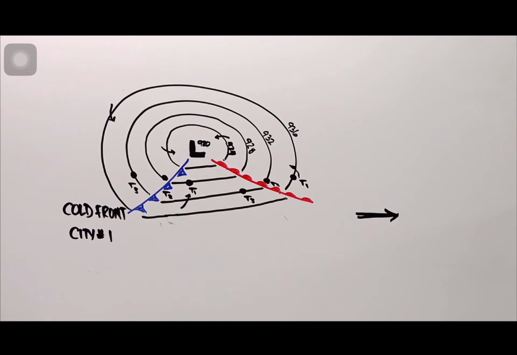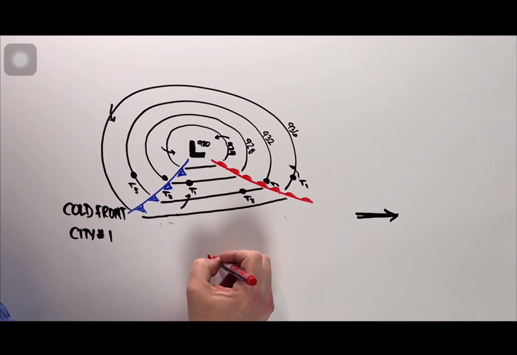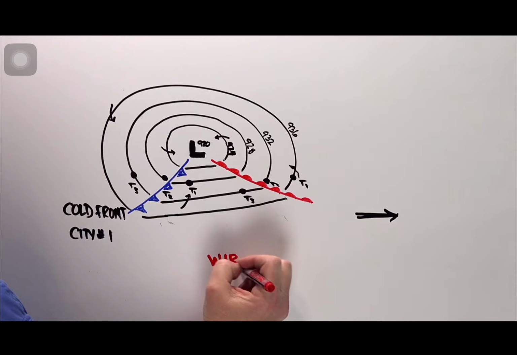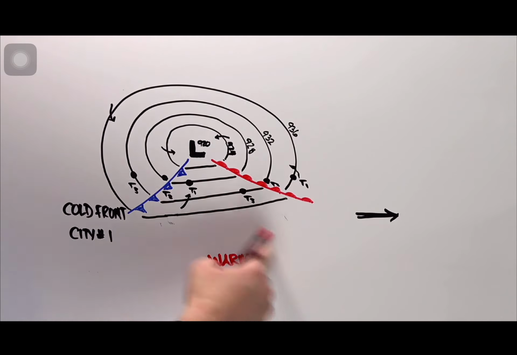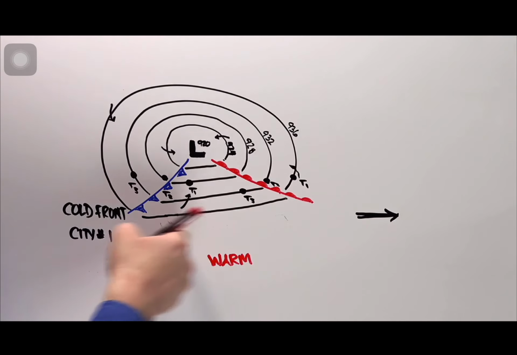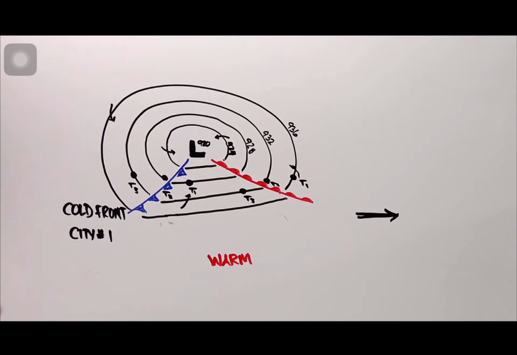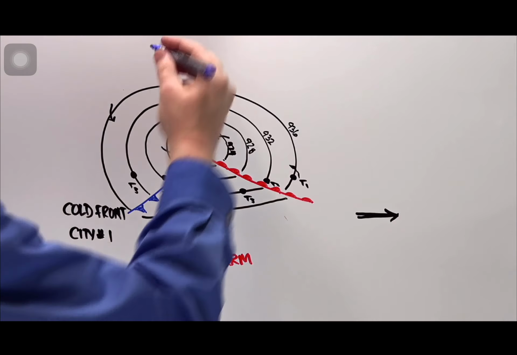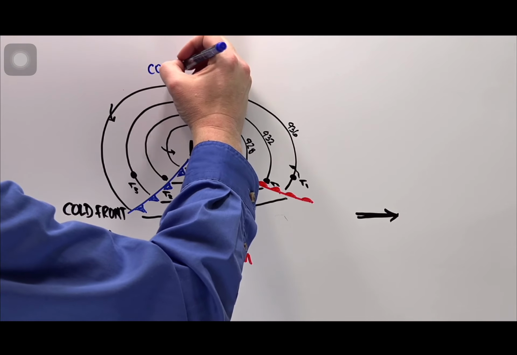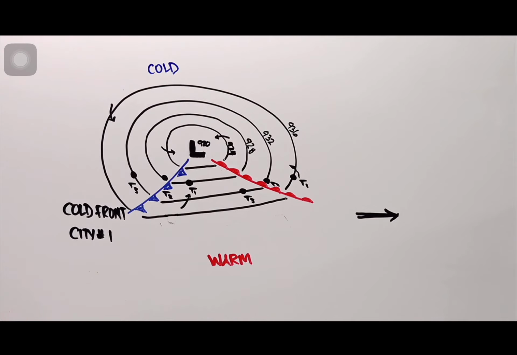Now let's start to think next about our temperatures. In here, I have the warm air mass, right? There's the warm front. The warm zone is going to be in here. And then over here, of course, I am going to have the cold air mass.